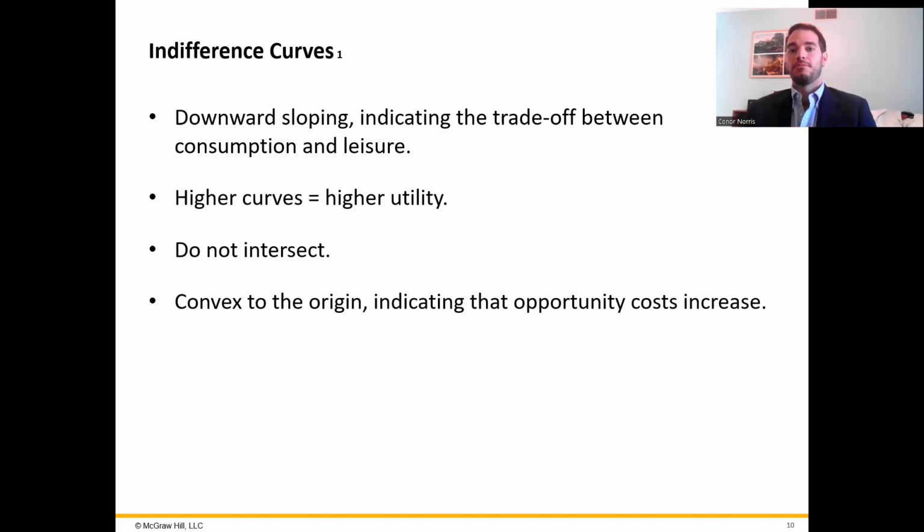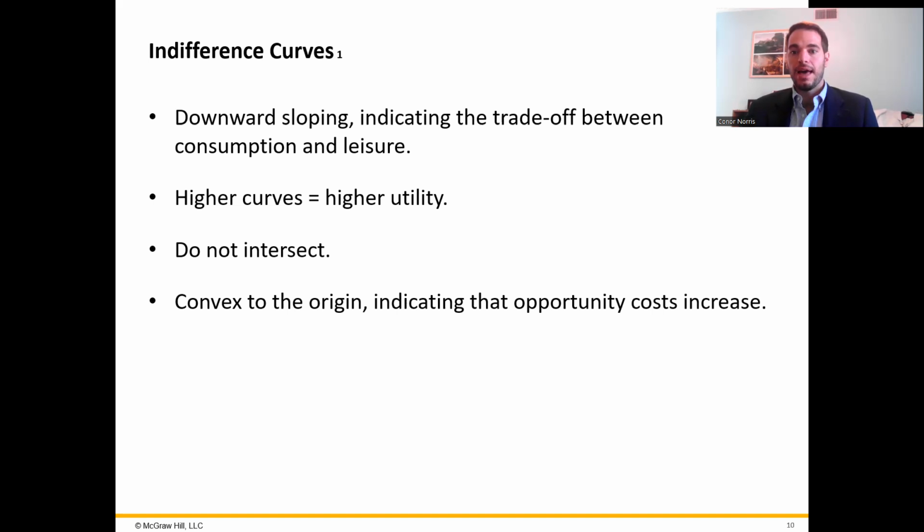Now, what does diminishing marginal utility mean? Basically, the more leisure that you have, the less valuable an additional hour of leisure becomes, and the more consumption you'll be willing to give up for more leisure.